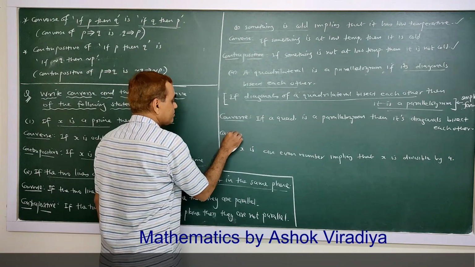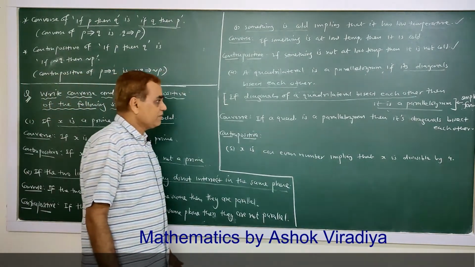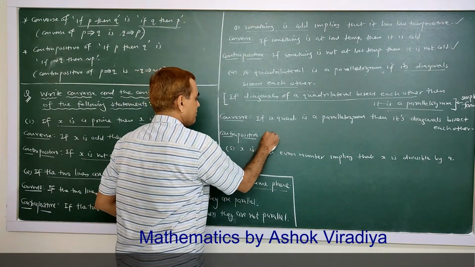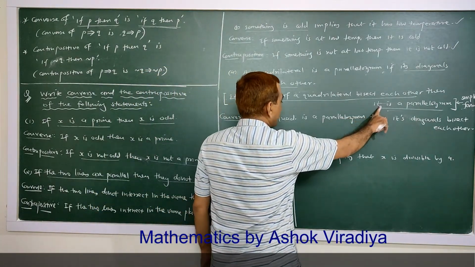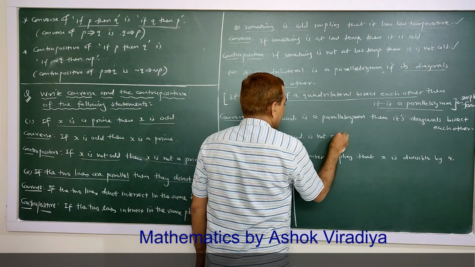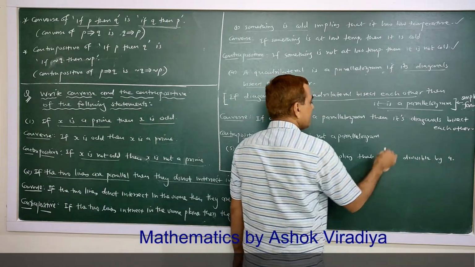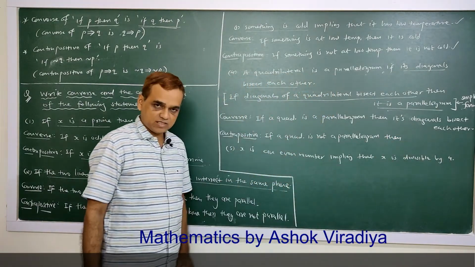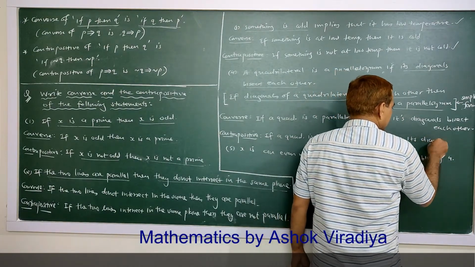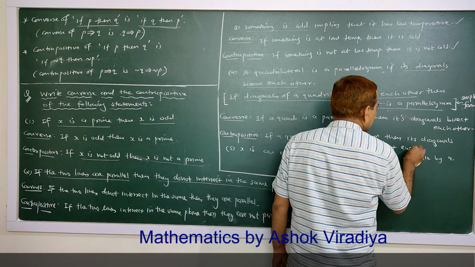Now contrapositive. Contrapositive is not Q implies not P. So if a quadrilateral is not a parallelogram, then not P, its diagonals do not bisect each other.